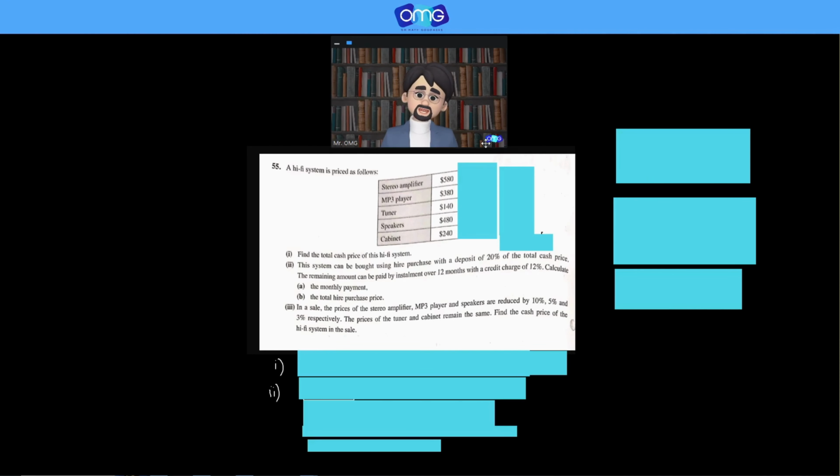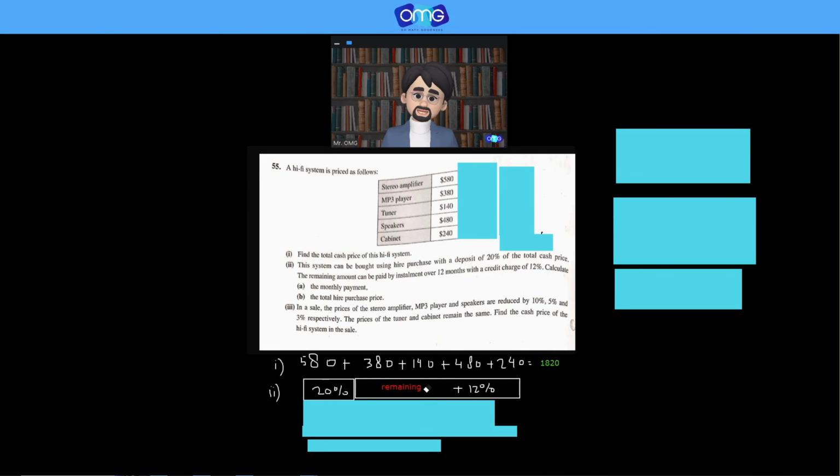A hi-fi system is priced as follows: this much. The total cash price of this hi-fi system, just add them all, easy. We add them all, we get 1,820. So this system can be bought with hire purchase with 20% deposit, and the remaining you get a credit charge of 12%.